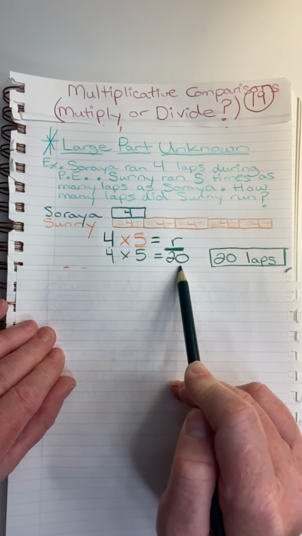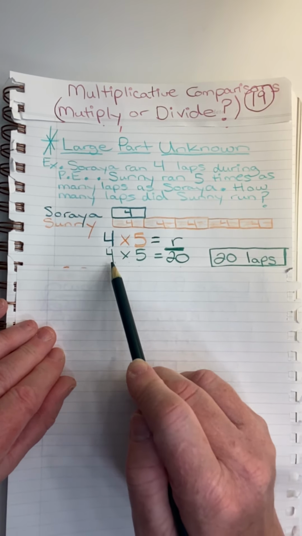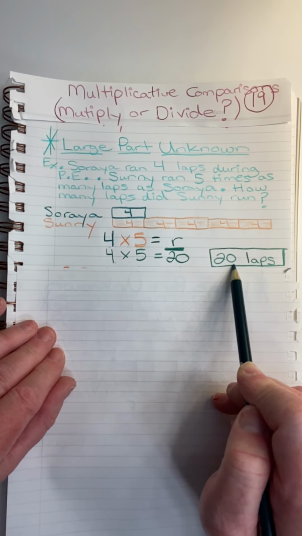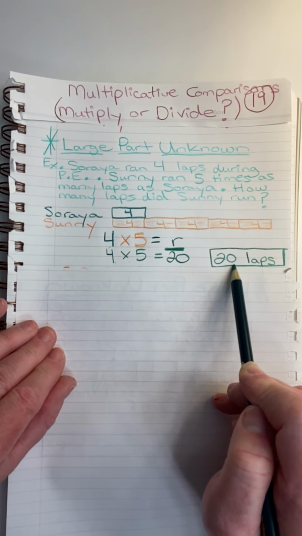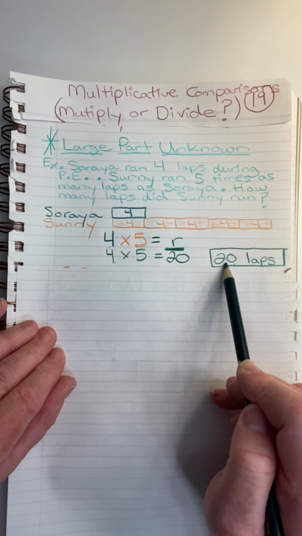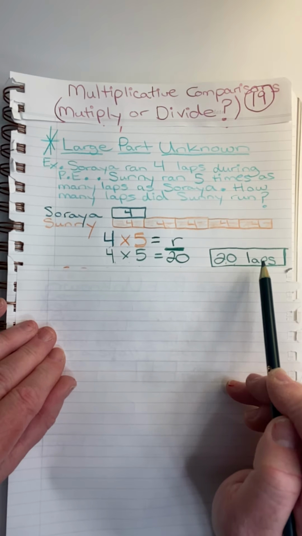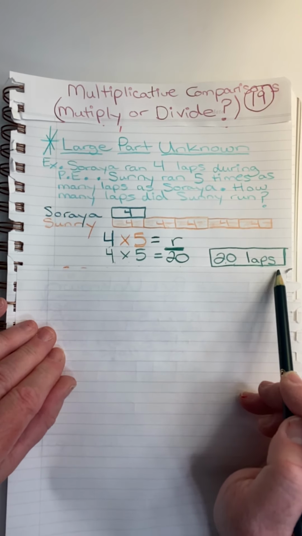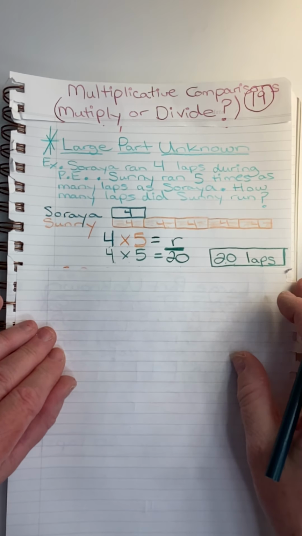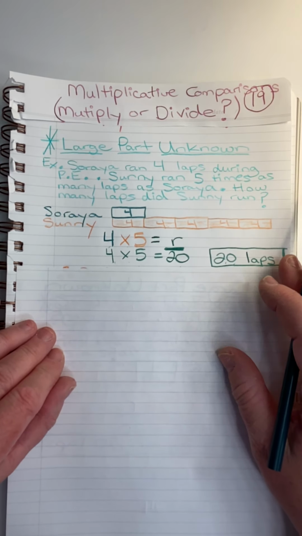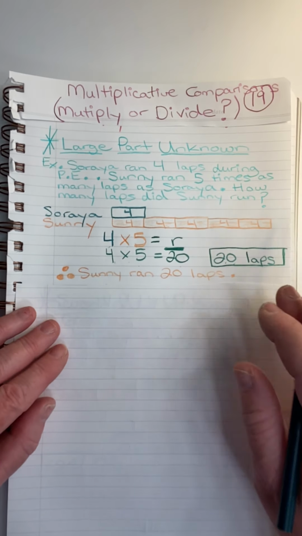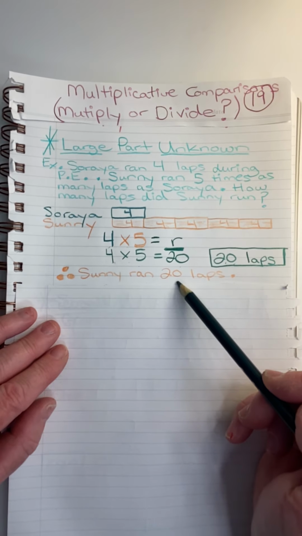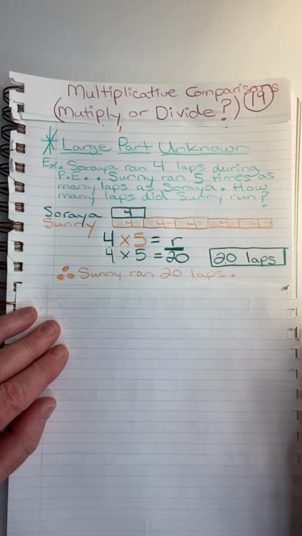So, in the end, if Sunny ran 5 times as many laps as Soraya's 4 laps, then Sunny ran 20 laps. We'd write that, and we need to make sure that we write the numerical value and that we label it. And then we should box our answer, get into good mathematical habits. So then we can also say, therefore, Sunny ran 20 laps.